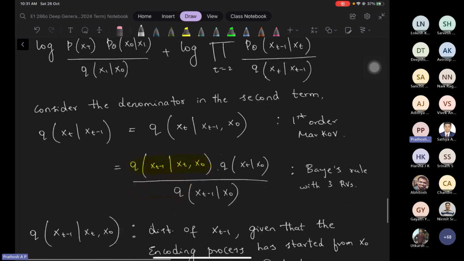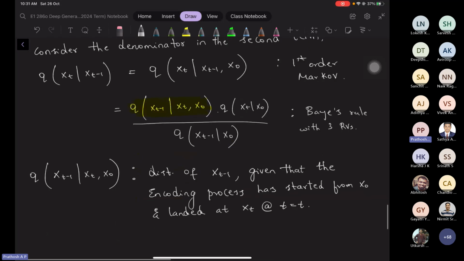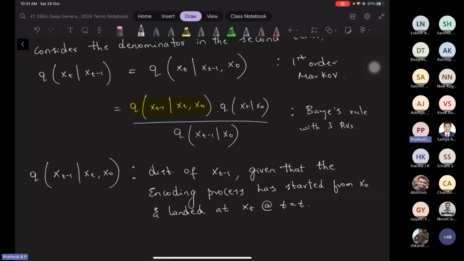Once we did that, we used Bayes' law to invert it, and wrote this distribution in terms of q of xt minus 1 given xt and x naught, q of xt given x naught, and q of xt minus 1 given x naught. And this distribution q of xt minus 1 given xt and x naught is simply the distribution of xt minus 1 given that the encoding process has started from x naught and landed at xt at t equal to t. Any questions here?